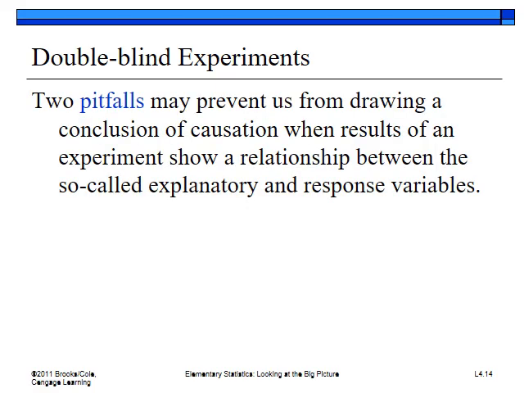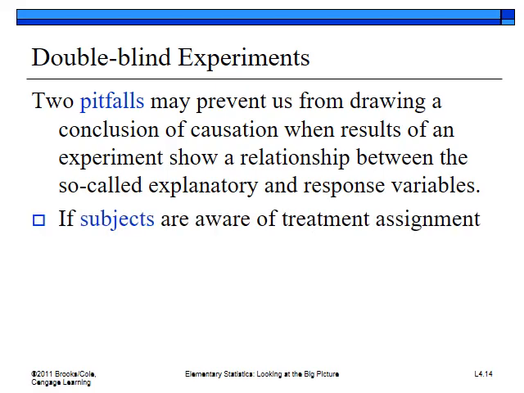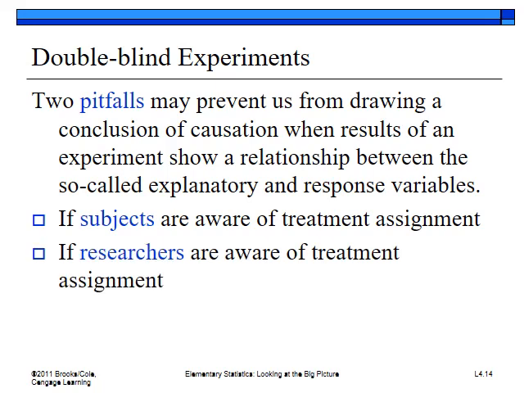There are two problems we might run into when it comes to concluding that there is a causal relationship between variables. The first is if the subjects are aware of which group they're in, the treatment group or the control group. The second problem is if the researchers know which individuals are in the treatment group and which are in the control group. We'll explore these two problems in more depth in the next few minutes.